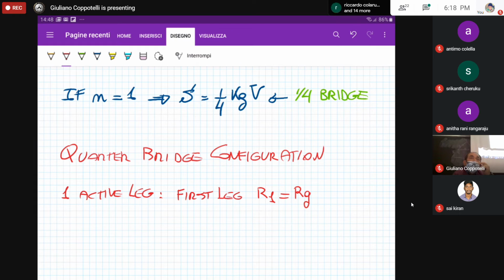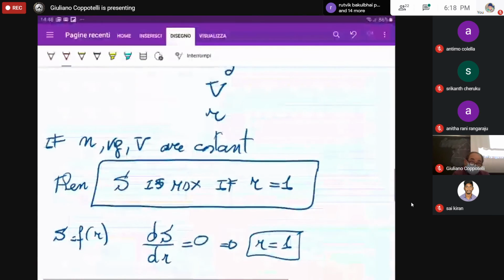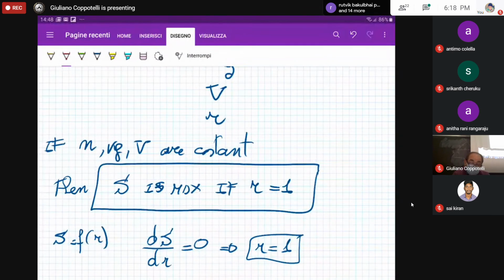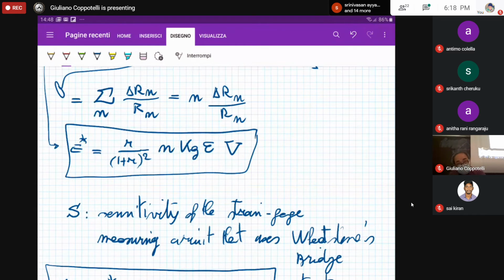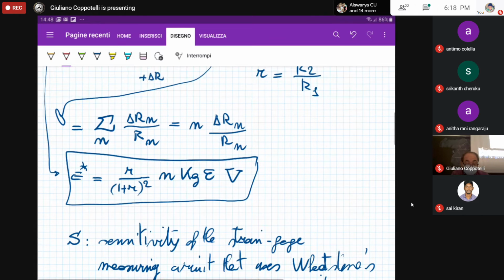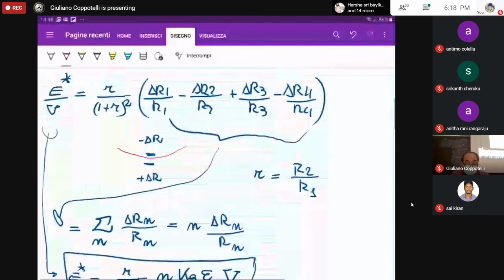The value of that resistor is still measured in ohms. Yes, but you should measure the resistor, all right? But because you are using the strain gauge with the Wheatstone bridge, your output will be an output tension. Remember, here it is.